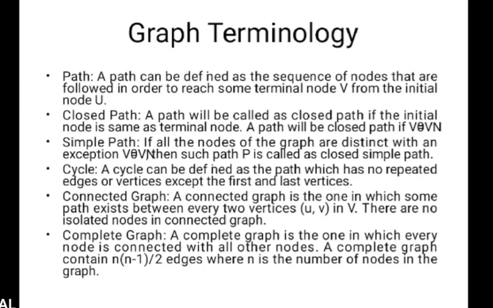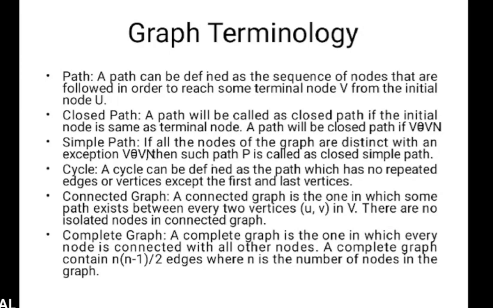A, B, C, and E. Following the edges starting from A, we can reach E through A, B, C, E. We say there is a path from A to E. Further, we can say the length of this path is 3 because we traverse 3 edges to reach E.